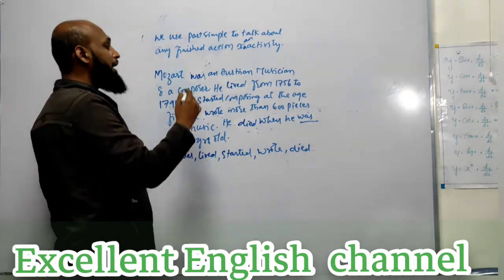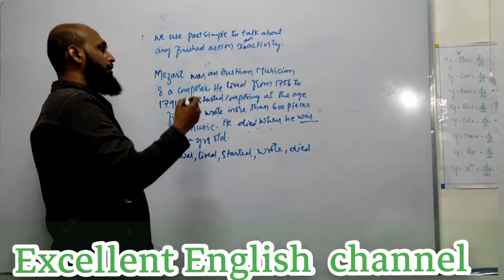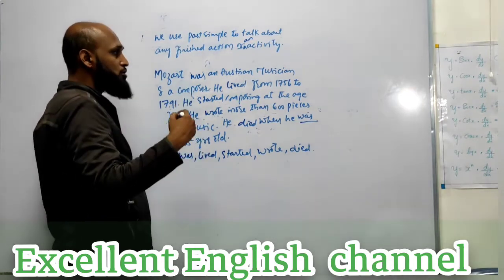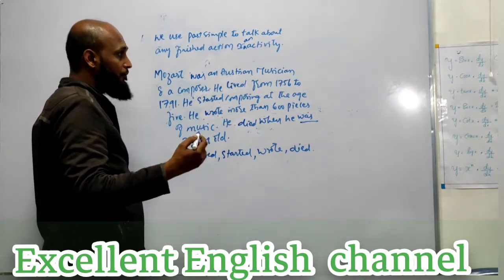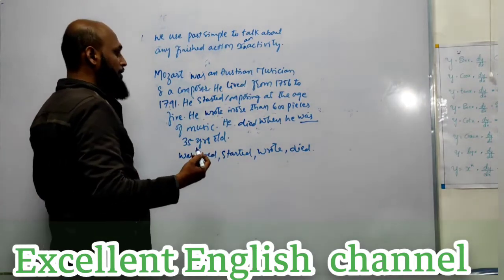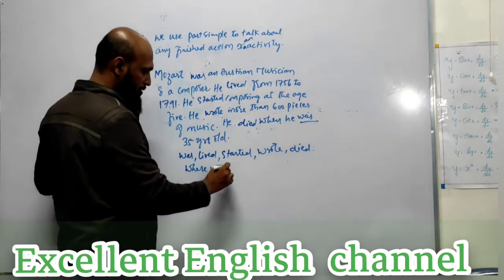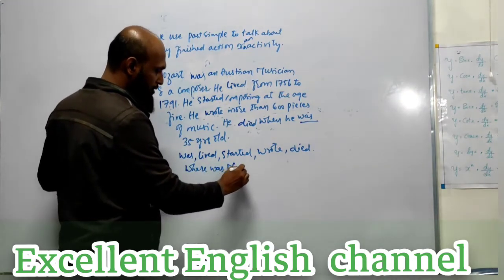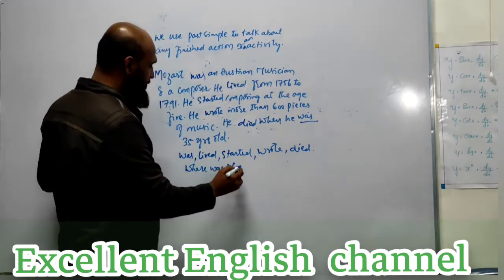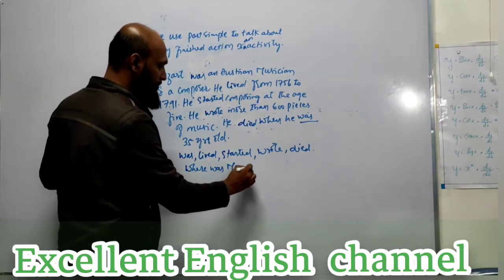Now let us make a question. How are you going to make a question here? If you want to ask, where was Mozart from? So you can say, where was Mozart from?